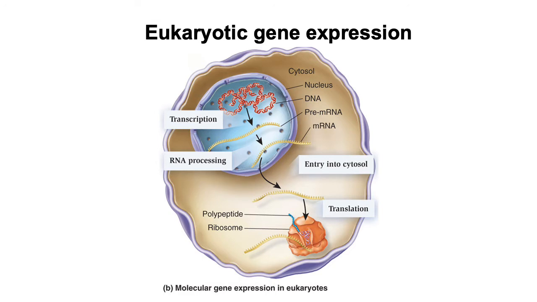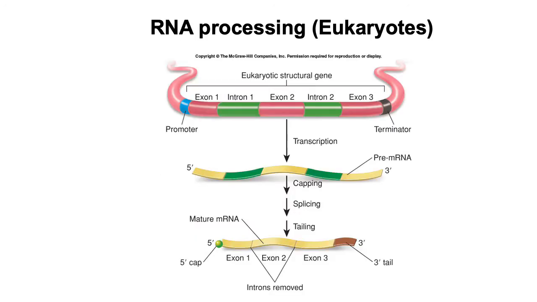It does not occur in prokaryotic cells. So there are 3 separate processes that are involved with the conversion of what we might call a pre-mRNA to a mature mRNA in eukaryotes. And all three of them are shown here. We're going to go through each one in a little bit more detail in the next few slides.